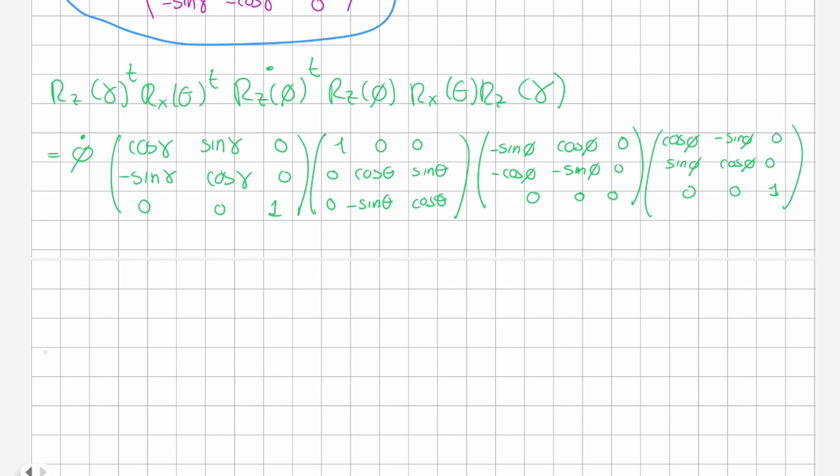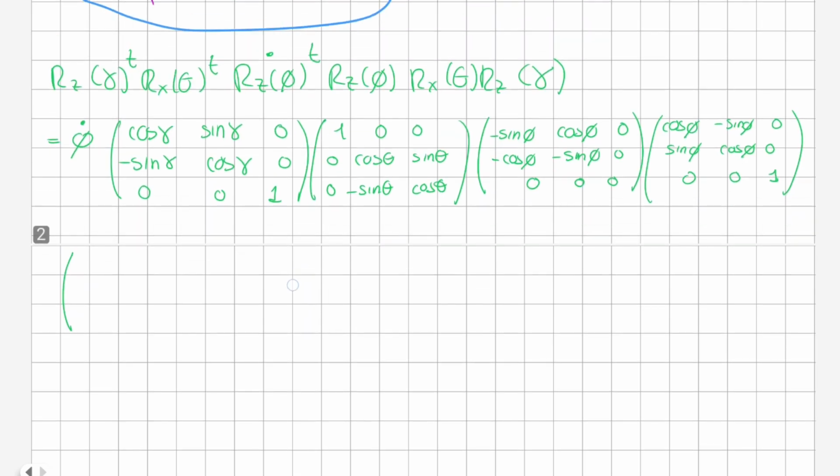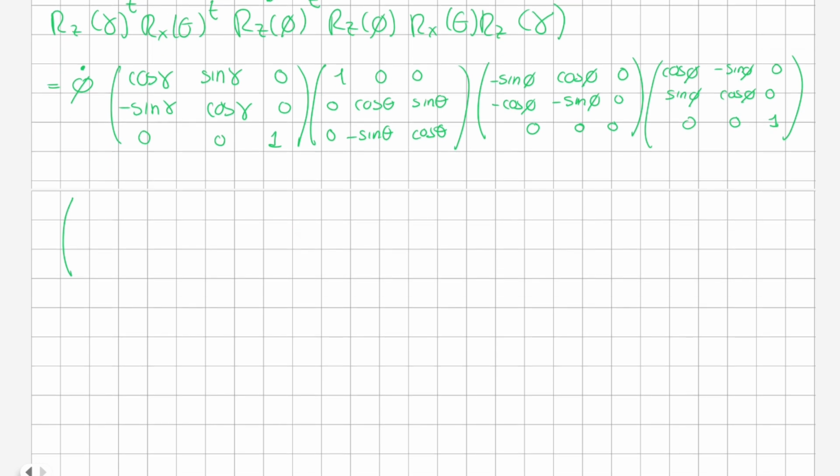And then this multiplies Rx(theta), so that is 1, 0, 0, 0, cosine theta, minus sine theta, 0, sine theta, cosine theta. And then this is going to multiply Rz(gamma). So that will be cosine gamma, minus sine gamma, 0, sine gamma, cosine gamma, 0, 0, 0, 1.